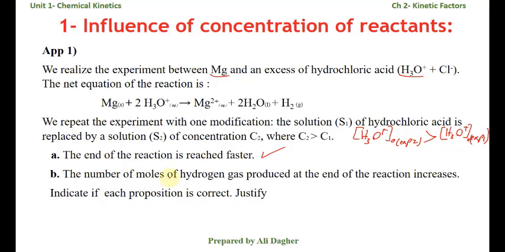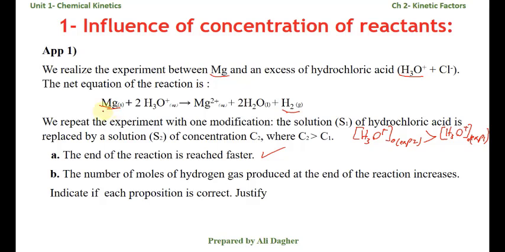The number of moles of hydrogen gas, that means the product, produced at the end of the reaction increases. We know that to calculate the number of moles of H2 at the end of the reaction, or any product, we use the limiting reactant Mg. According to stoichiometry, the initial number of moles of Mg equals the number of moles of H2 at the end of the reaction.